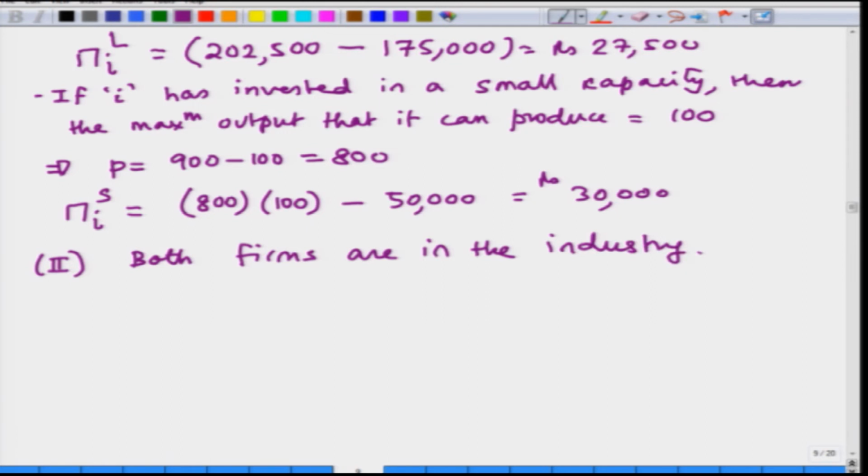Well, if both firms are in the industry, the post entry competition is essentially Cournot. There are 3 sub cases that may arise.